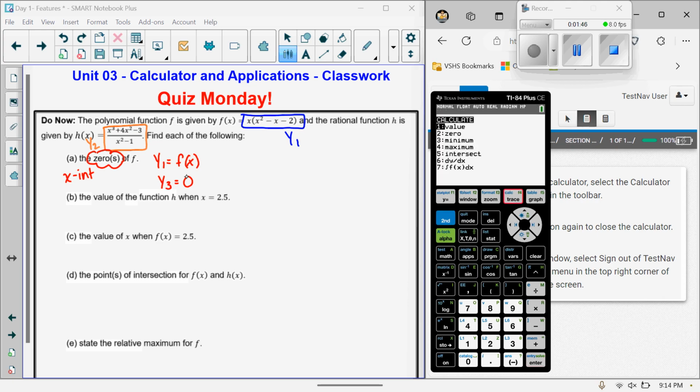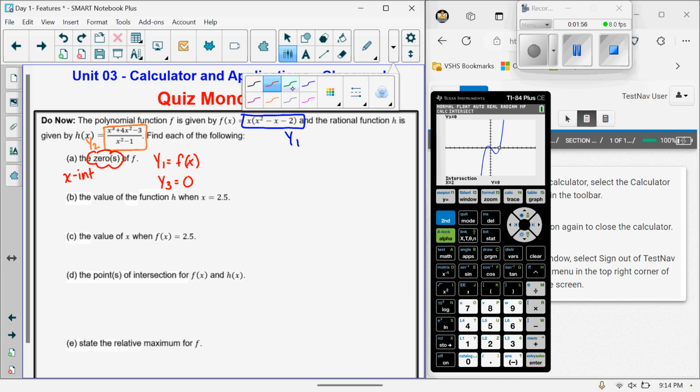Second trace 5, scroll over, 2. So you could have found these by factoring, but I did want to just review with you how to do this in case it shows up with a function that's not factorable, like if they were asking for a function that had a lot of decimals or something like that. So my answers were x equals -1, 0, and 2.